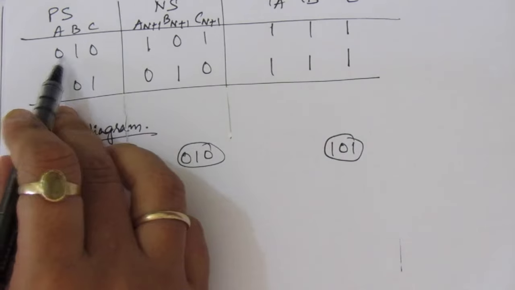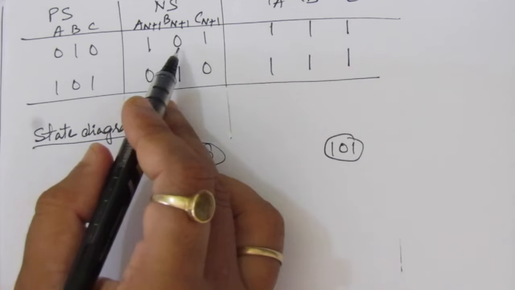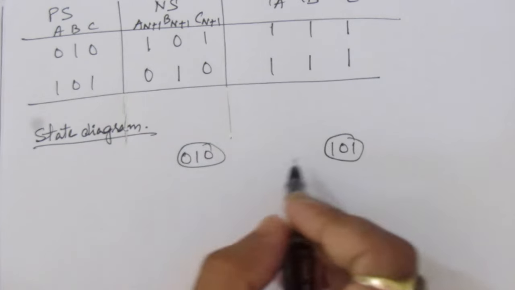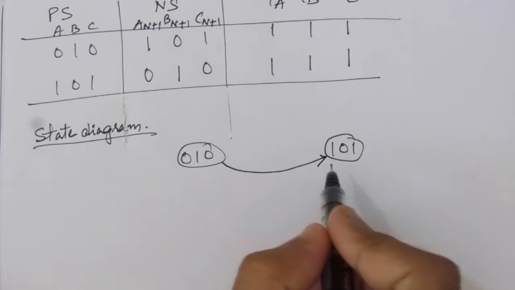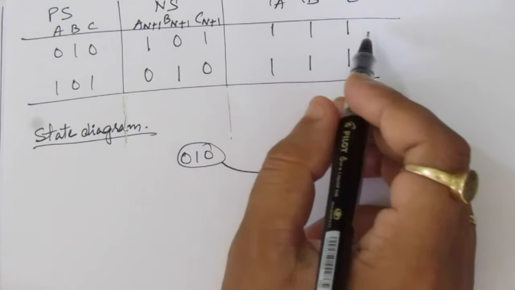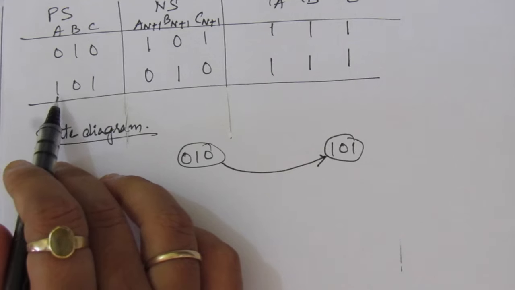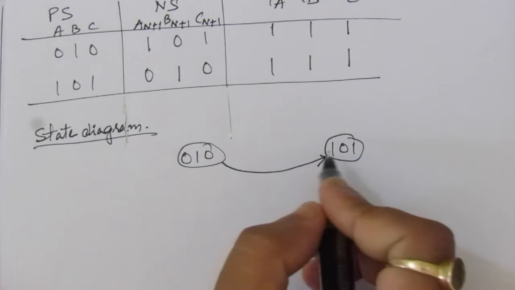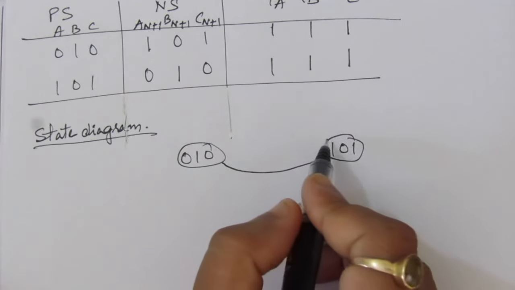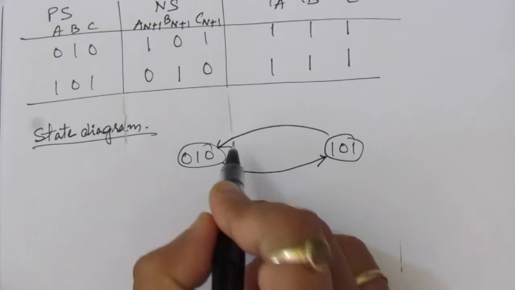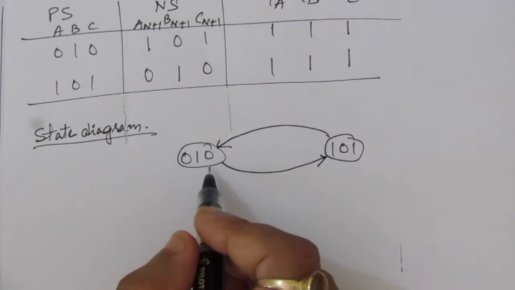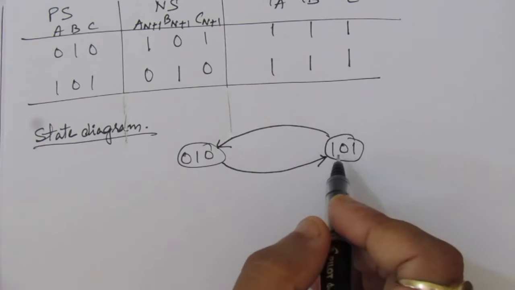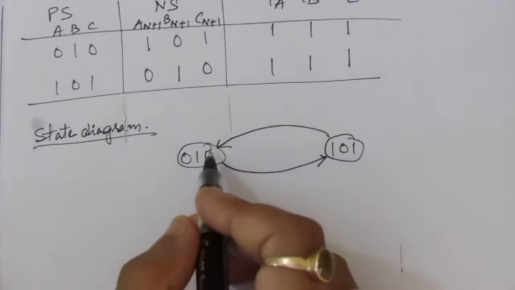For 0, 1, 0, the next state is 1, 0, 1, when the inputs are 1, 1 and 1. When the present state is 1, 0, 1, the next state will be 0, 1, 0. So from 1, 0, 1, it will go back to 0, 1, 0.